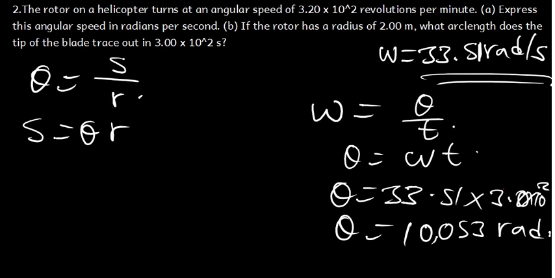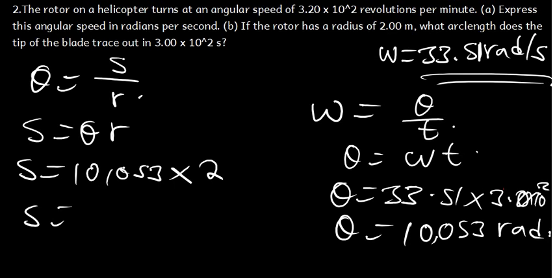Now that we have our angular displacement, let's plug in the values. We find the arc length. So we have 10,053 times the radius, which is 2. So we expect our answer to be 20,106. That is going to be now in meters.